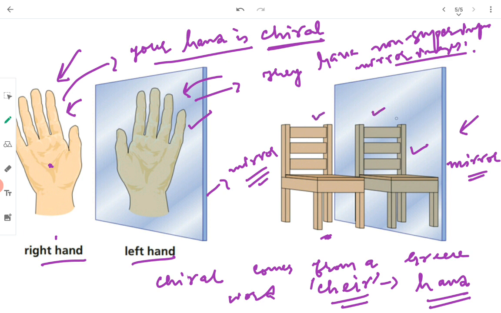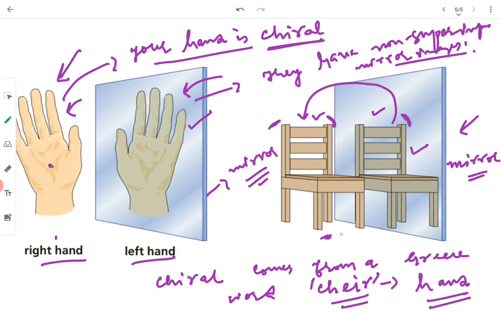You can easily hold this chair and put it on this chair and everything will match. Every part on this chair, if you try to superimpose it on this chair, will superimpose with its counterpart.